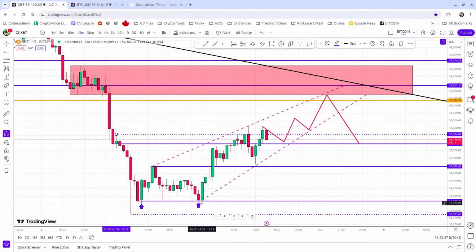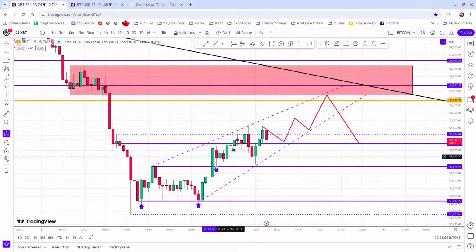Too bad I didn't get into this trade. I mean, it was not easy to spot, to be honest. Maybe I could have entered here on the retest, when this broken level of resistance came back to retest, and that's when I could have jumped in.